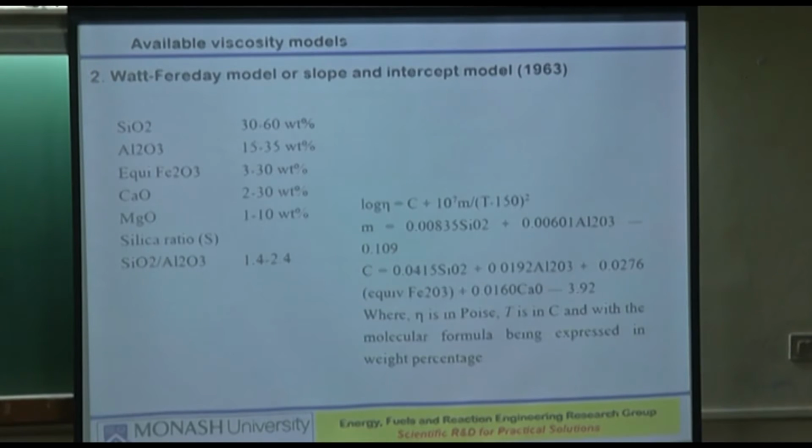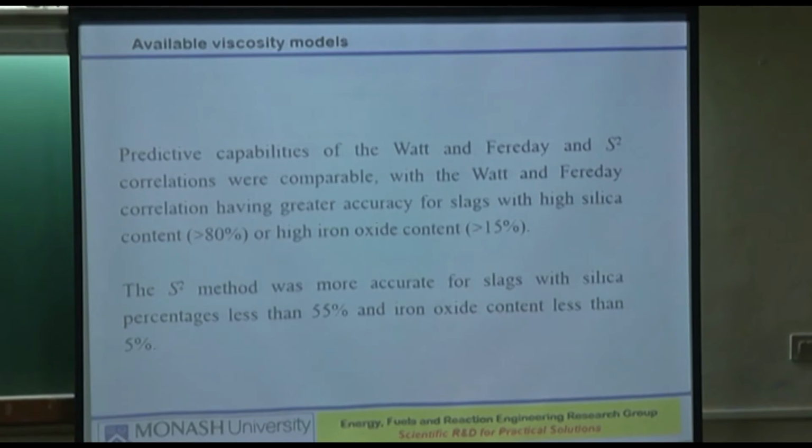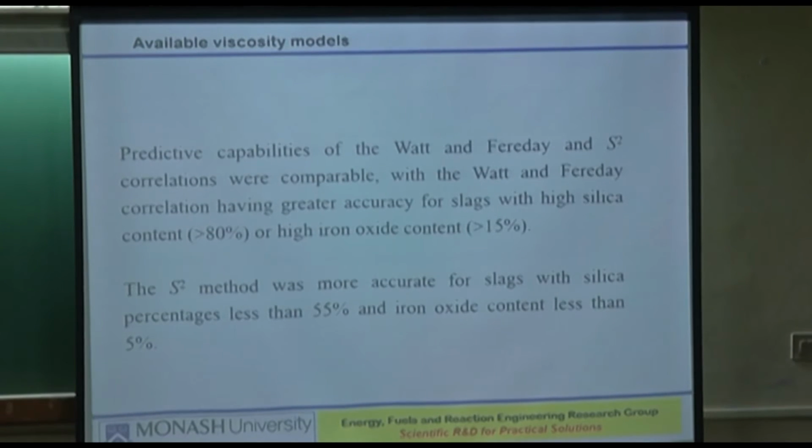She did the literature review, and her view was that the predictive capabilities of the two correlations were comparable, the first one and the second one, with greater accuracy by the Watt and Fereday model for slags with high silica, greater than 80% content, or high iron oxide content. Because in our case, with some of the ashes, we had higher than 80% silica, or higher than 15% iron oxide content. So that's the observation that she made.